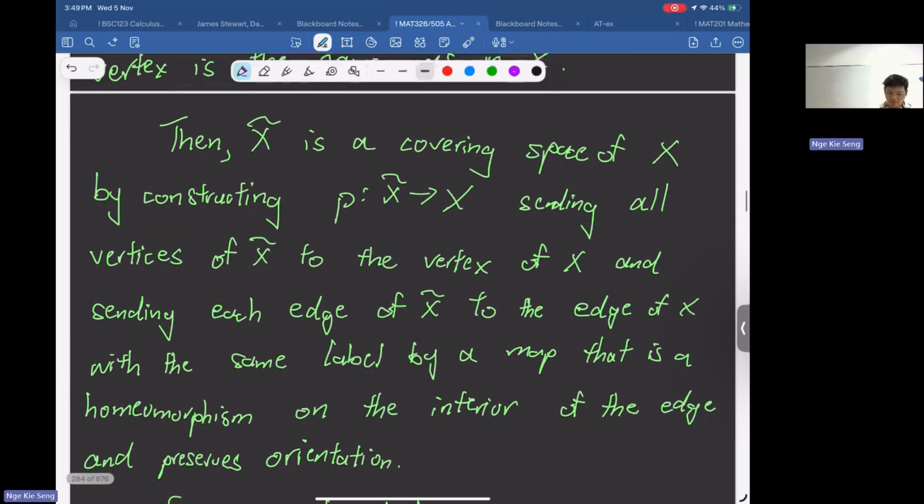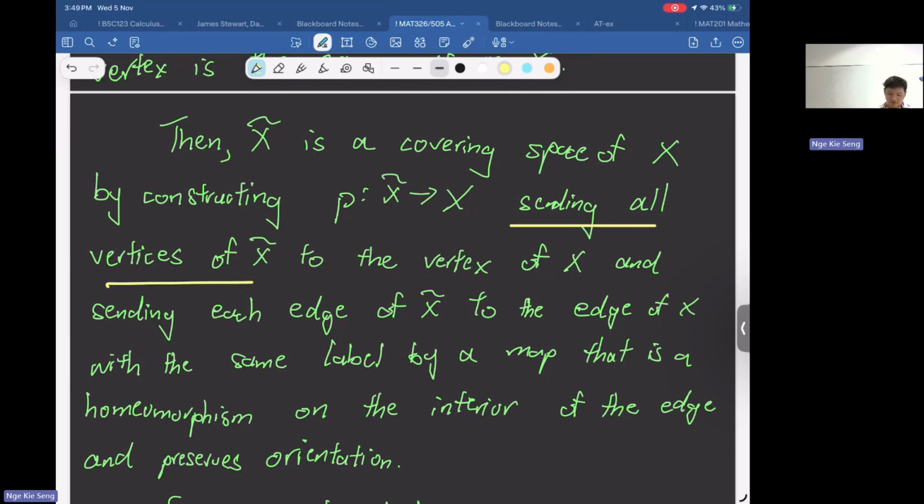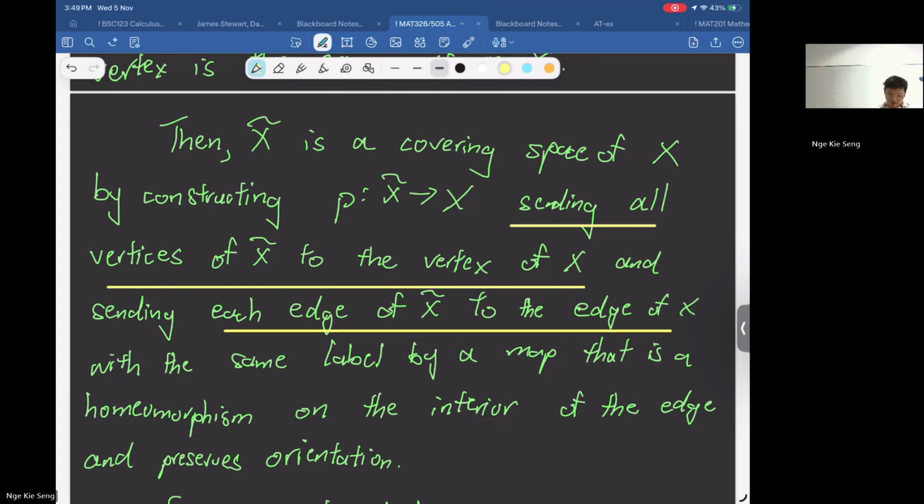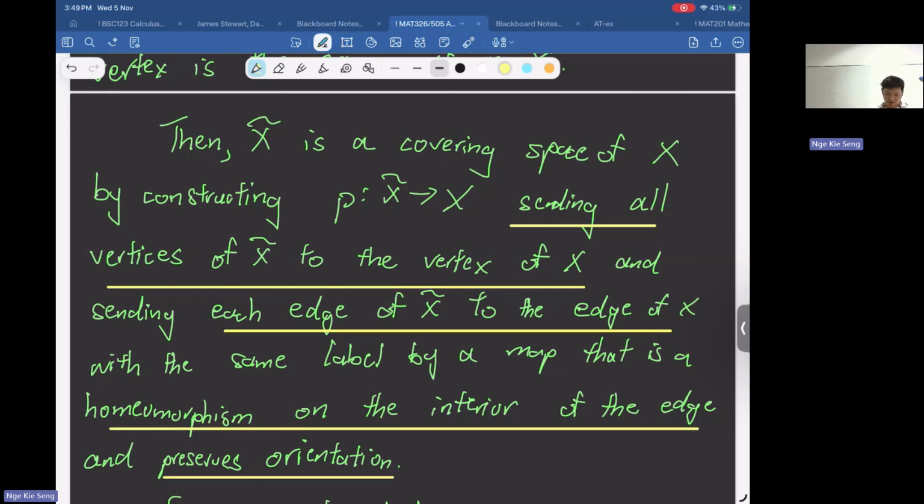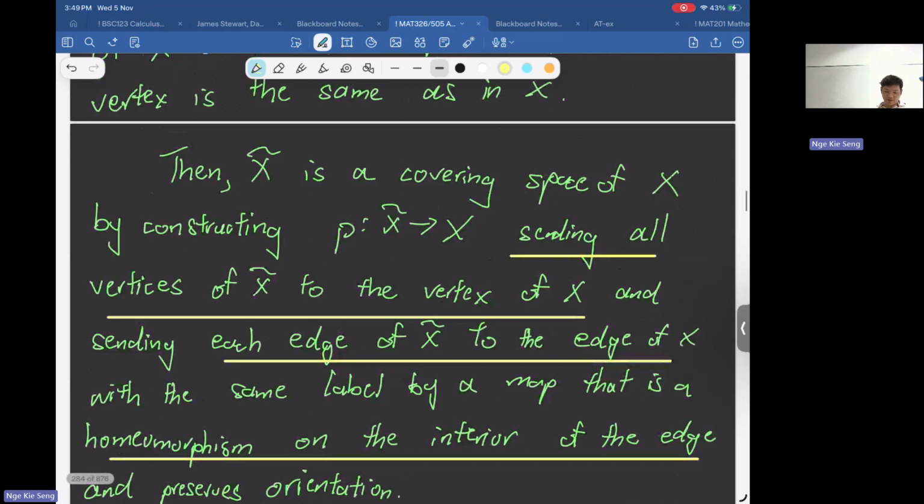The key point here maybe is if they write something like sending all vertices to vertices of x, and then x to x, that is a homeomorphism on the interior of x preserving orientation. If they write this, or something related to this, you can give marks.